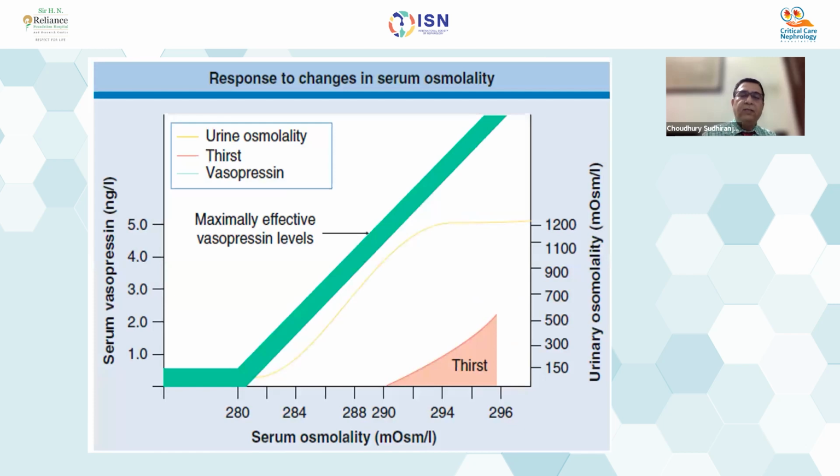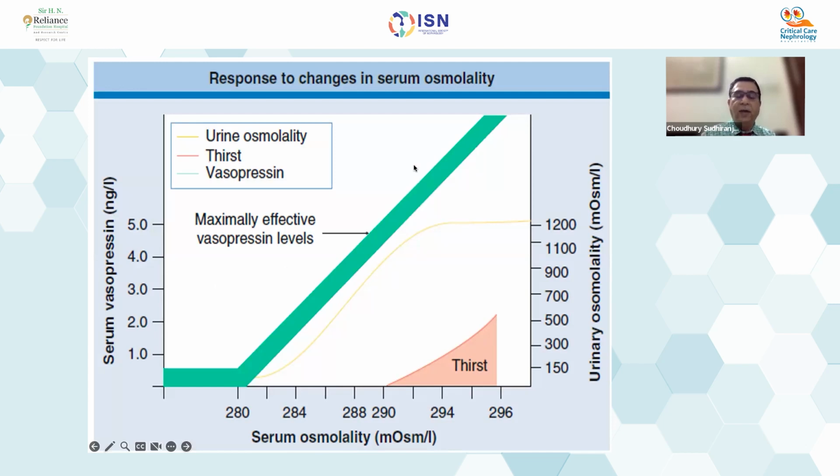Now, what is your normal physiological response to osmolality? Usually when the plasma osmolality is less than 280, the vasopressin secretion will be low. It almost goes to nil. Whereas when it goes up, the vasopressin starts being released from the posterior pituitary.